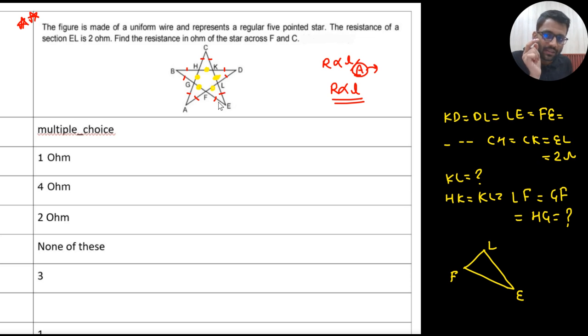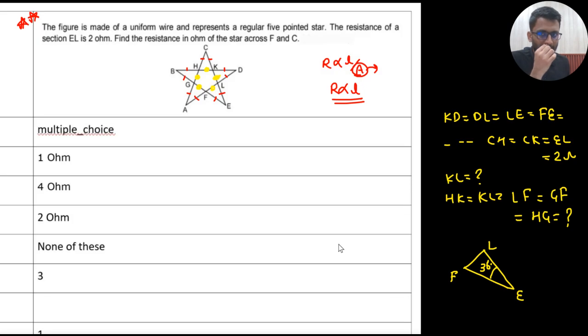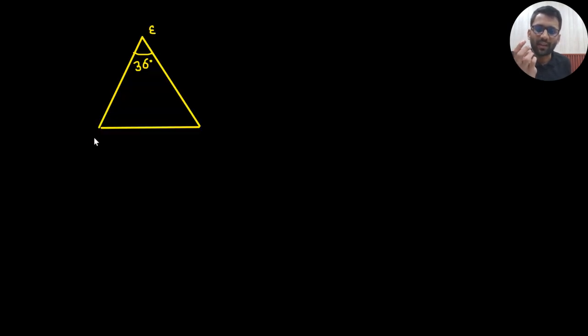EFL. This angle is 36 degree. You can derive it from geometry. Okay, 36, not 30. This angle is generally 36 degree. Let's make it on the next page again. This angle is 36 degree, EFL.